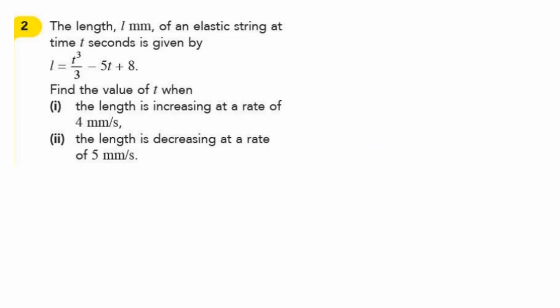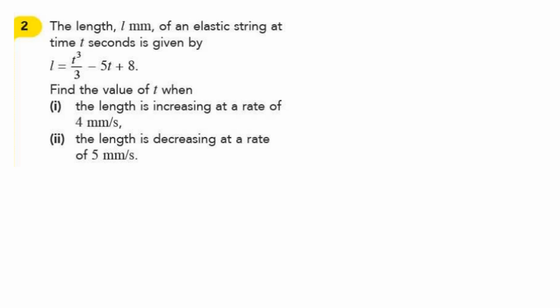All right, let's look at question 2. For question 2, we're given an elastic string. It's a string that you can stretch, make it longer or make it shorter, and its length is given by a cubic equation. The length, L, is equal to t cubed over 3 minus 5t plus 8.